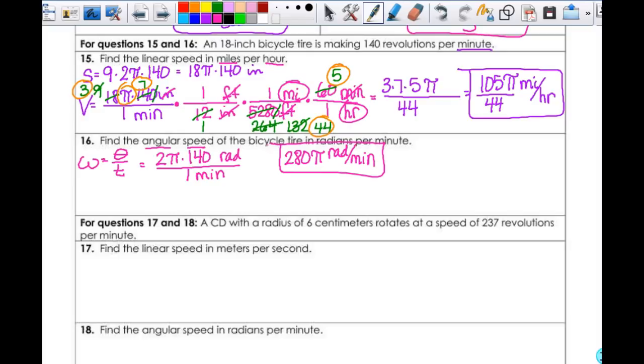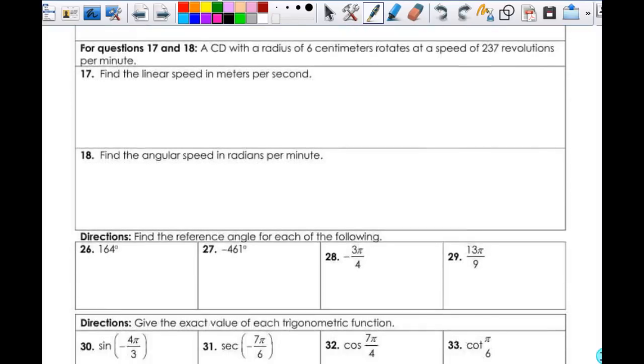All right, number 17. Find the linear speed in meters per second. We have a CD with a radius of 6 centimeters, rotates at a speed of 237 revolutions per minute. So arc length is going to be r, which is 6, times 2 pi, times the revolutions, which are 237.